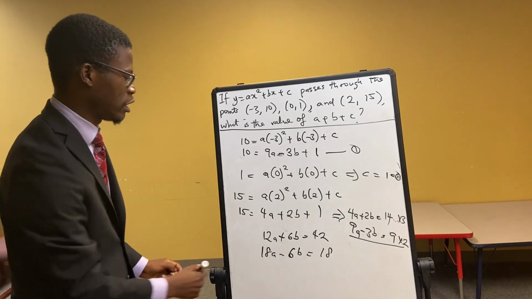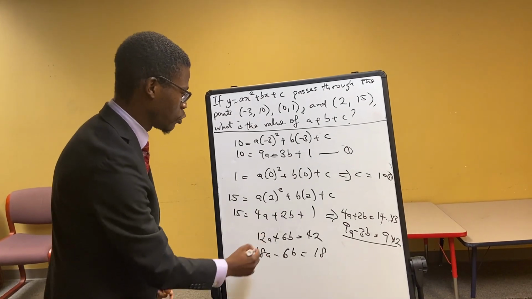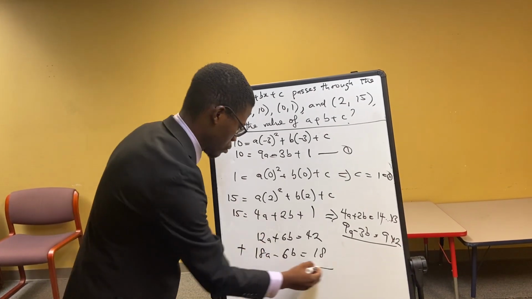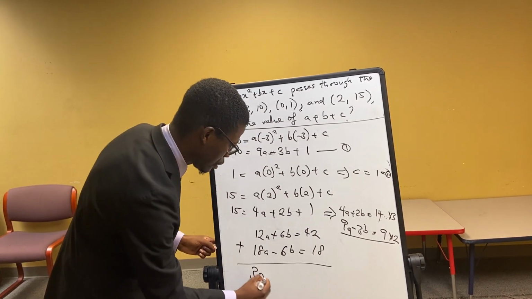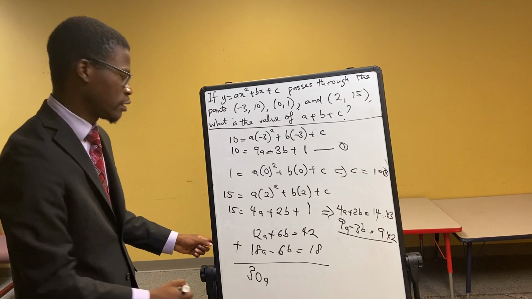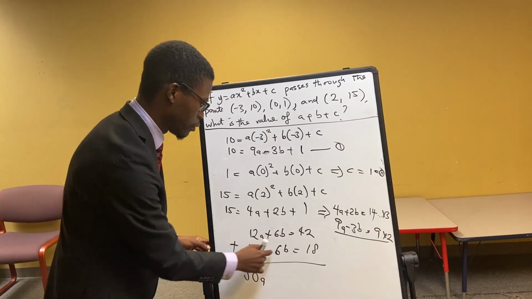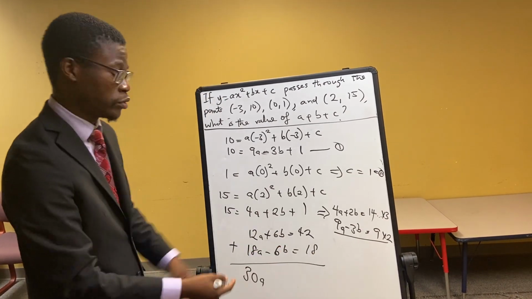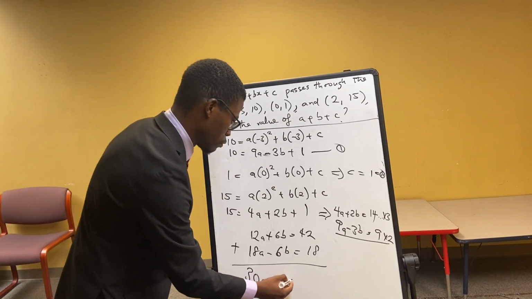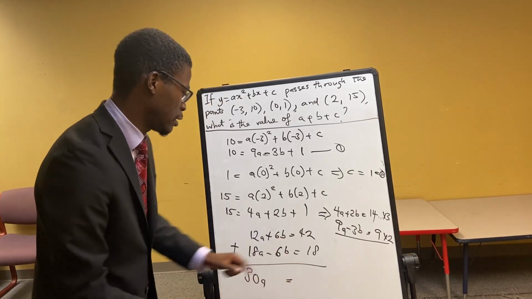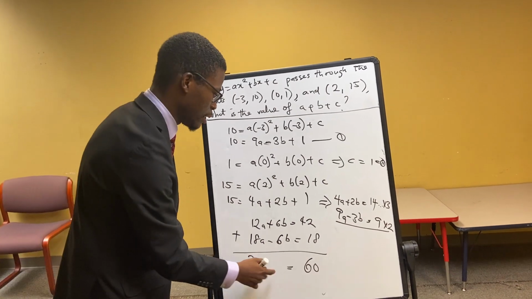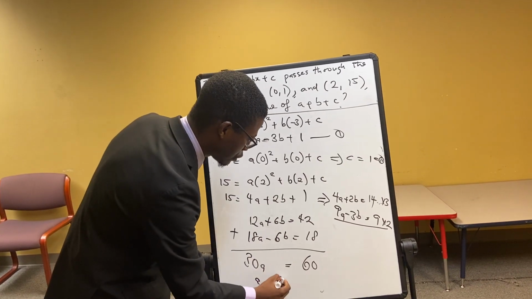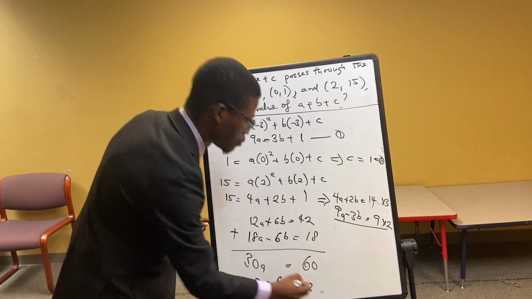Now if I add both equations, 12a plus 18a is 30a, plus 6b minus 6b is 0. So b is eliminated. 42 plus 18 is 60. So 30a is 60. That means a is what? 60 divided by 30, which is 2.